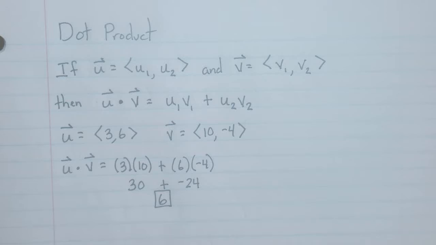Now, you can also do a dot product with a vector and its own self.